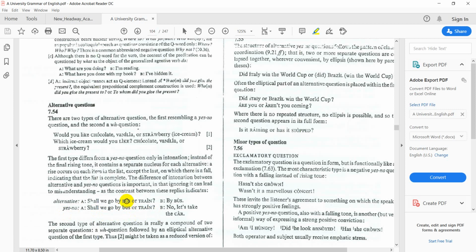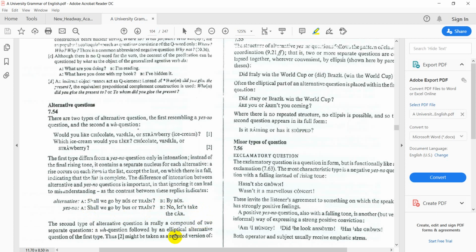So there is no intonation here, and there is rising intonation in the last word. So the reply will be no, let's take the car. So it is a yes-no question. Even the choice is not found in the question. You can answer yes, no, and choose whatever reply you like.